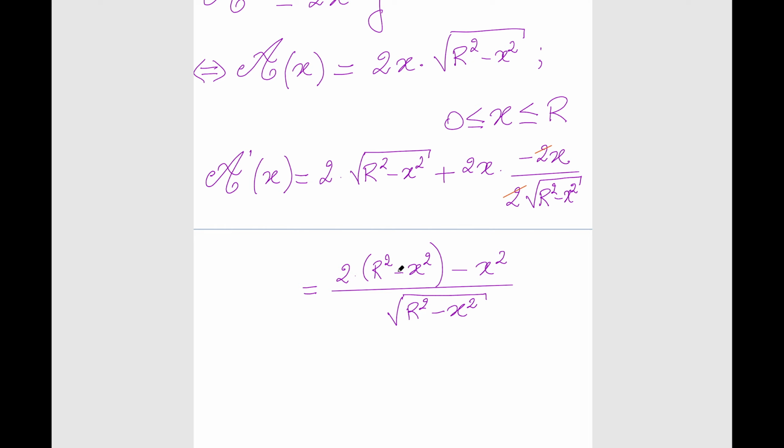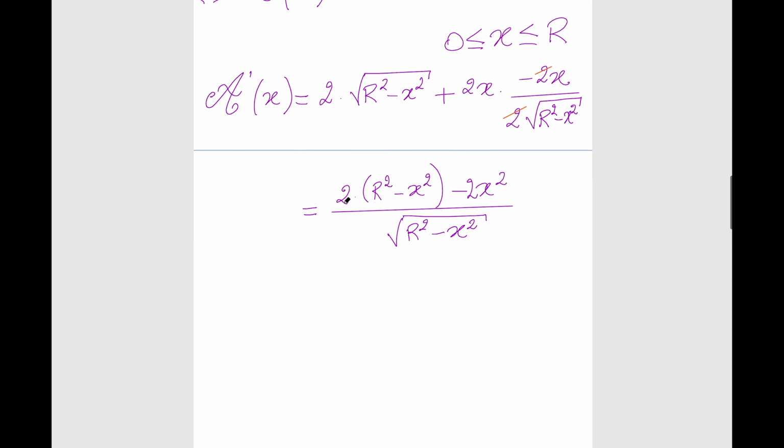We get this, and this x squared comes from x times x. Oh, I forgot the 2, so there is a 2 here. So 2 times x is 2x squared, with this minus sign that dominates the plus.